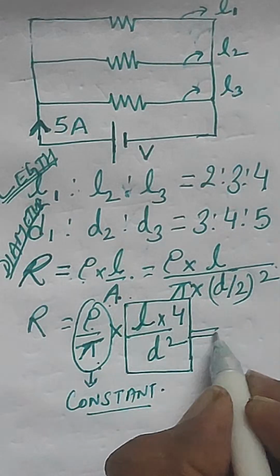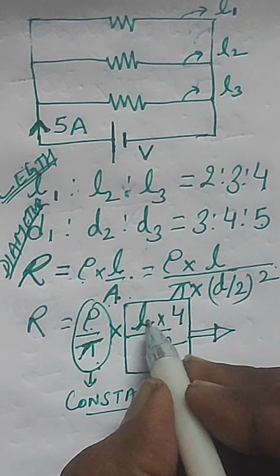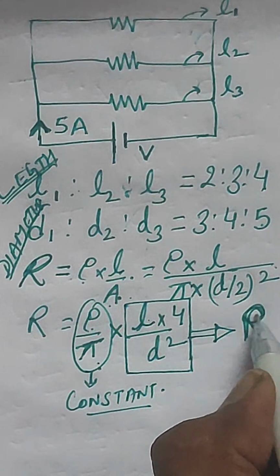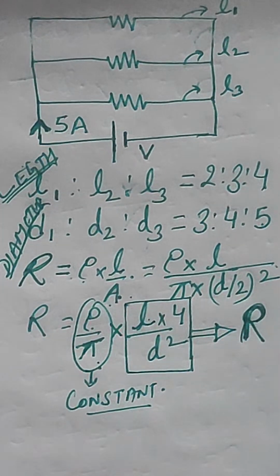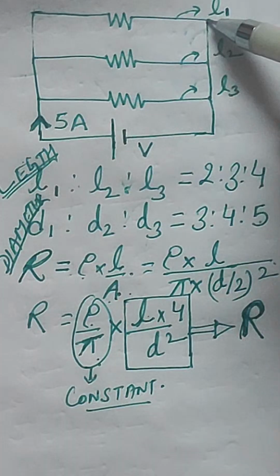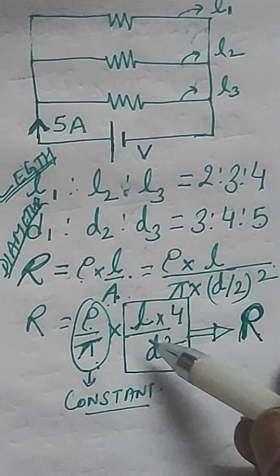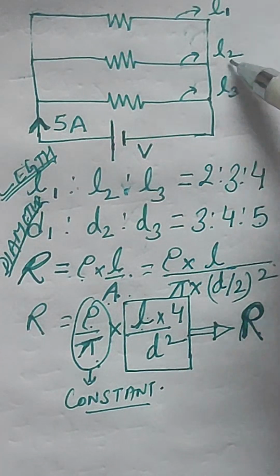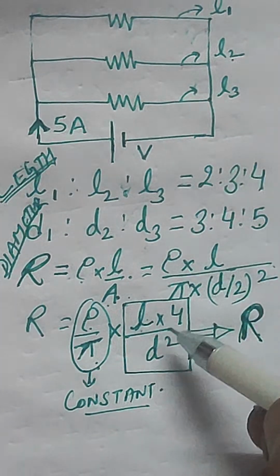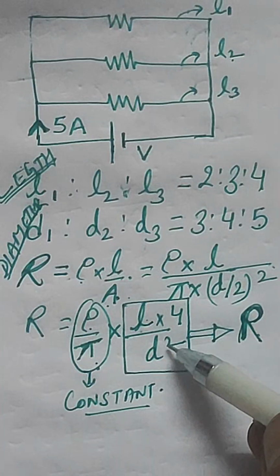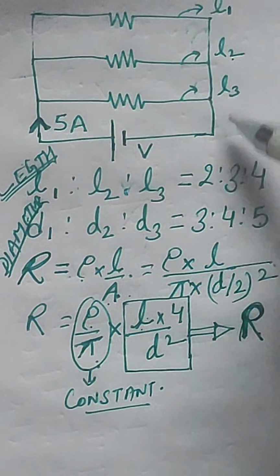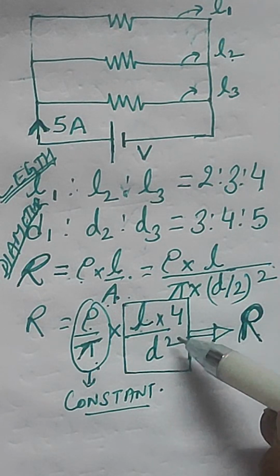This is your relation of the length of the wire for varying the value of resistance. So here if L1 length is used, the resistance will be L1 into 4 by d1 square. If L2 is used, L2 into 4 by d2 square. If L3 is used, then L3 into 4 by D3 square.